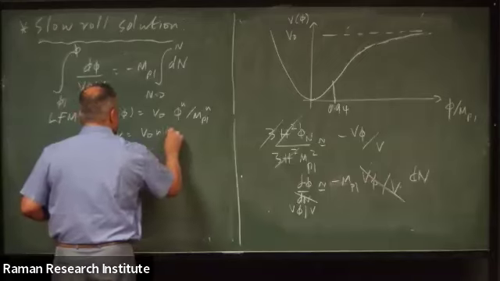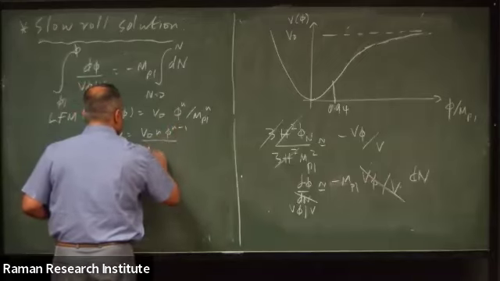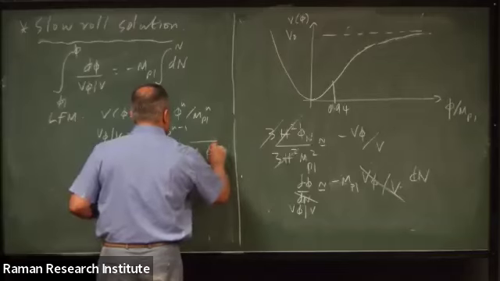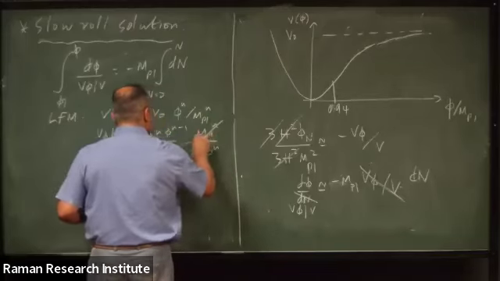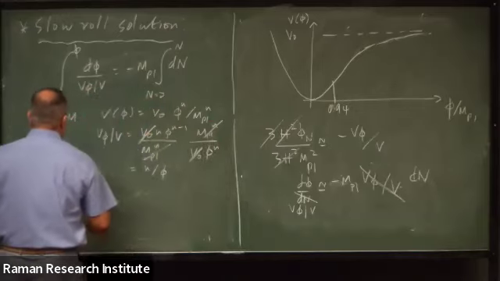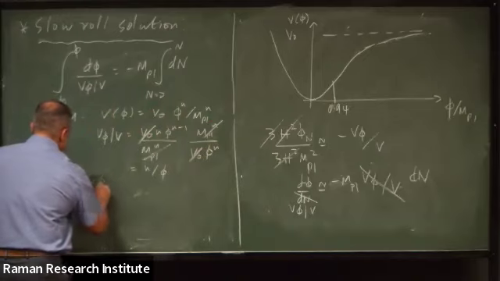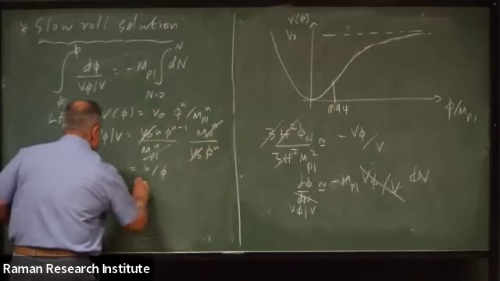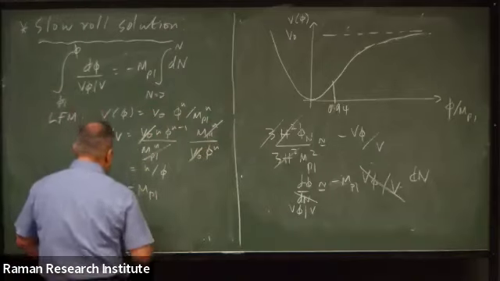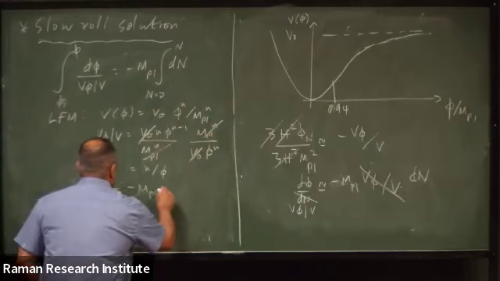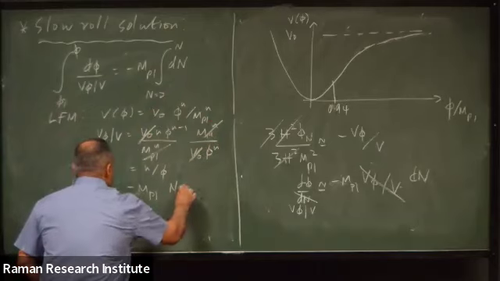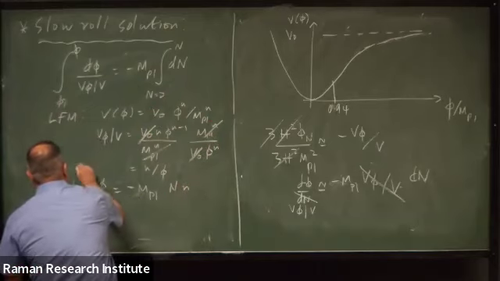V naught n phi power n minus 1 by MPL power n, okay? And then divided by V naught phi power n by MPL power n. This is n by phi, okay? So integral phi d phi by n equal to minus MPL. I hope I haven't made any errors. MPL, okay? N, right? And I can take the n here, from phi I to phi.